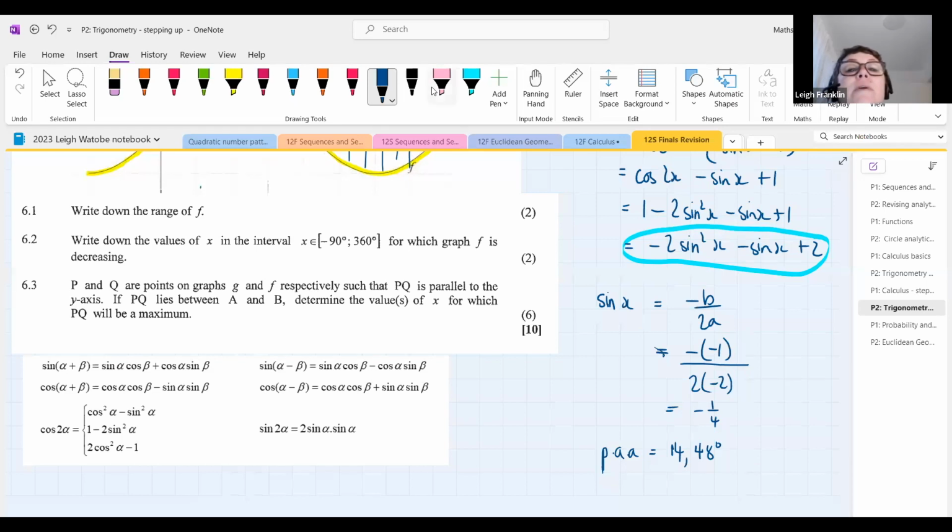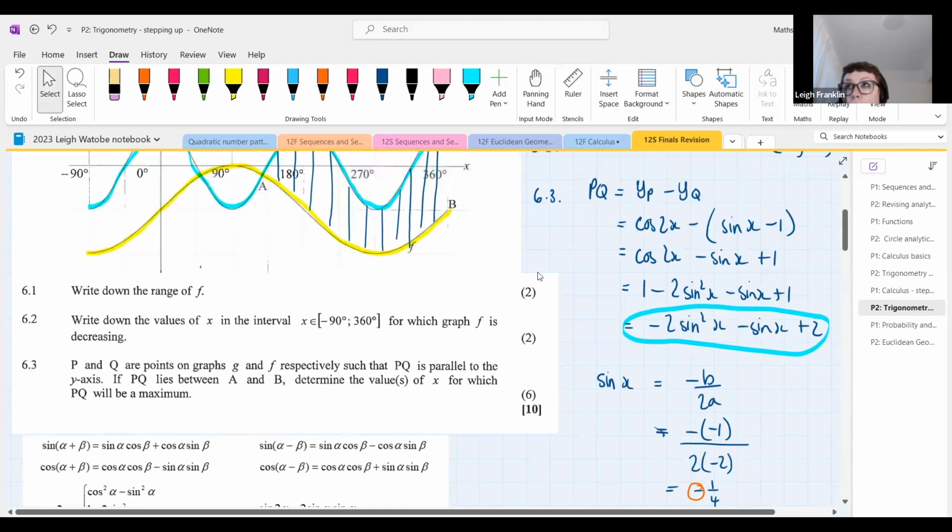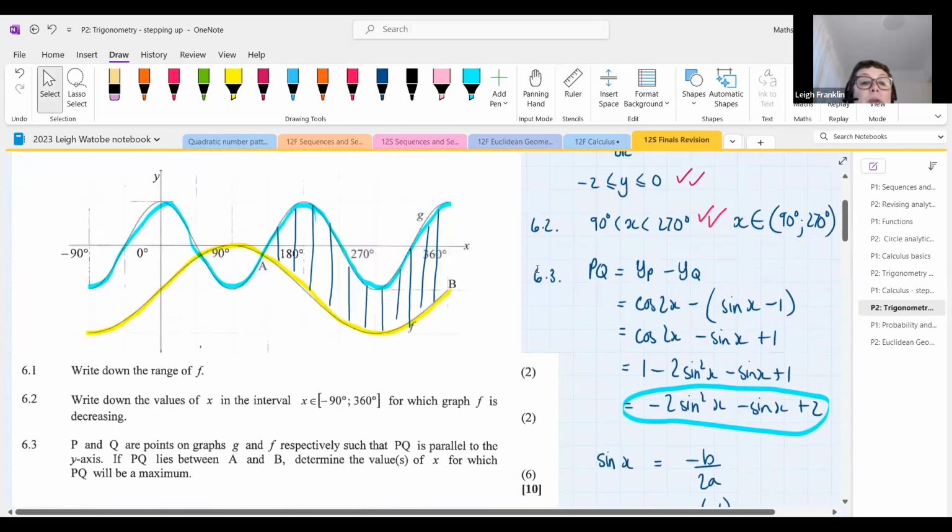Okay, 14,48. Are the rest of us getting that as well? There we go, Linda. Yes, I think so. Okay, so our reference is 14,48. And of course, if our ratio is negative, then it means that we have to be working either in quadrant 4 or quadrant 3.